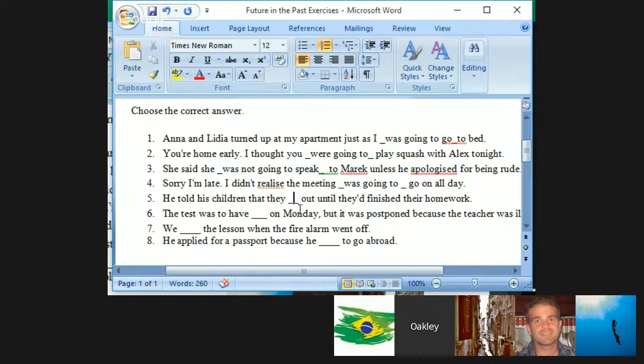He told his children that they blank until they finish their homework. Forget about what we've been learning so far. Would and going to. Is there another word that would make more sense here?